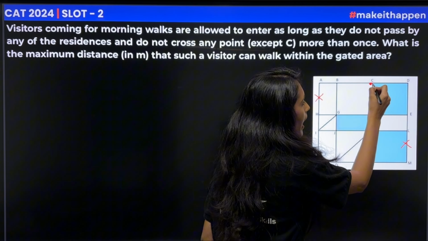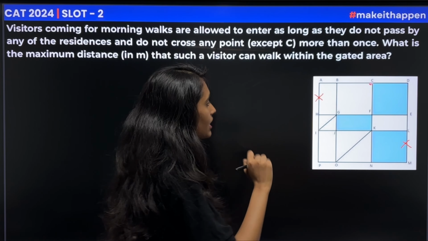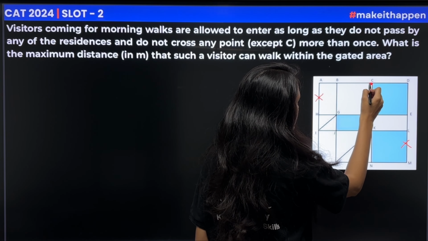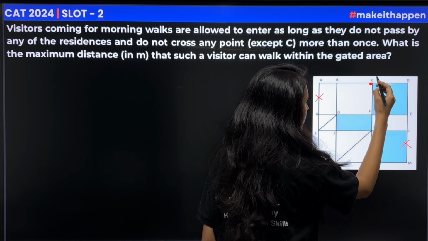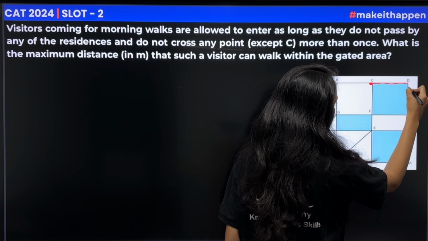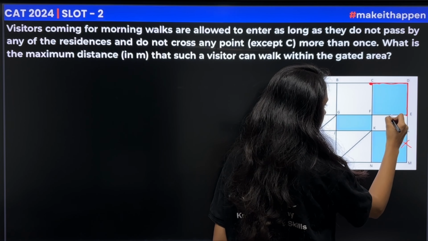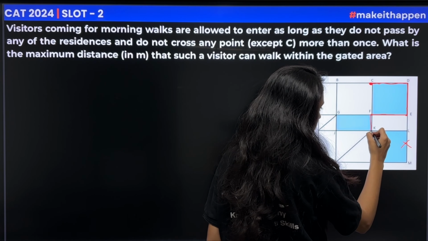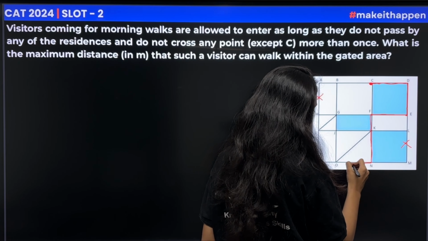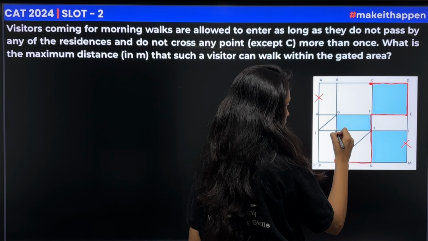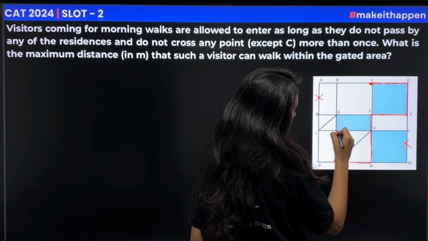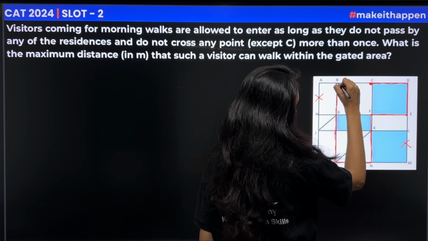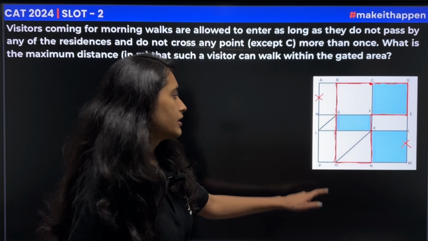He has an entry and exit from C, so let's see the path this way. This will be the path.